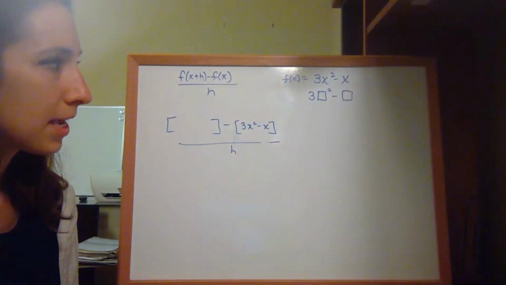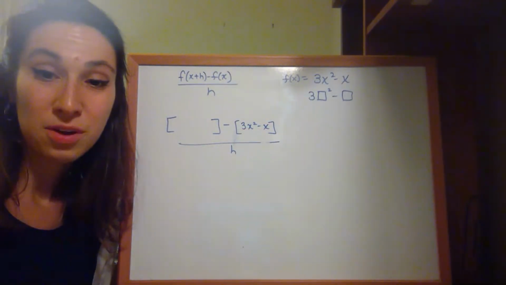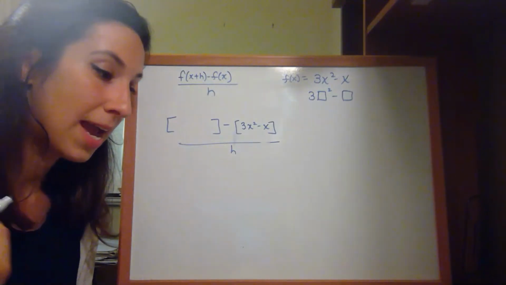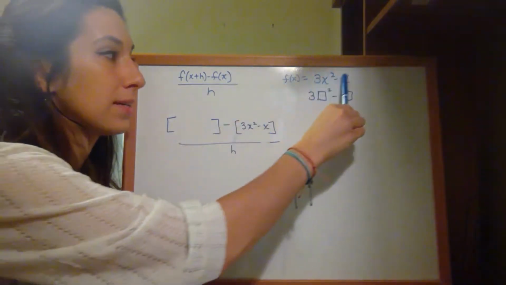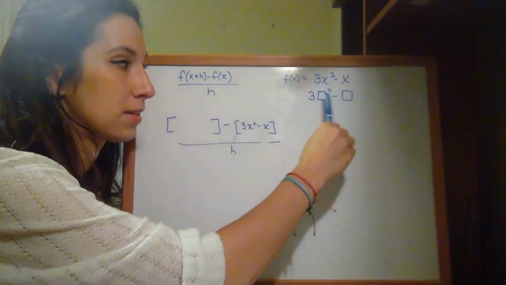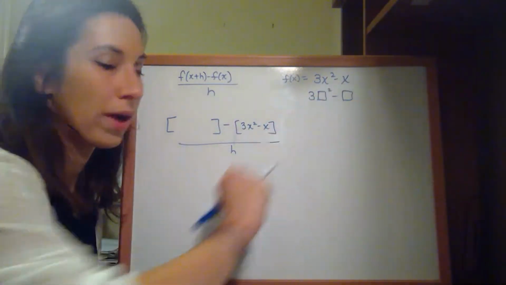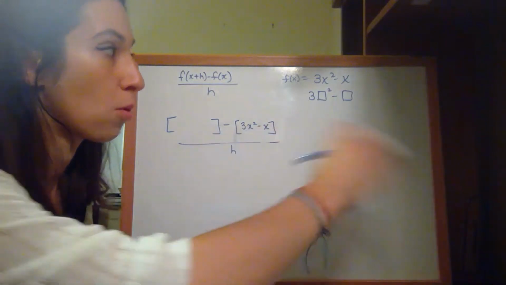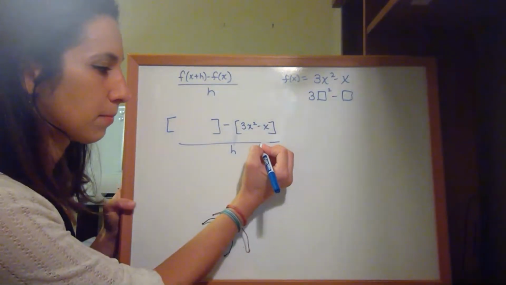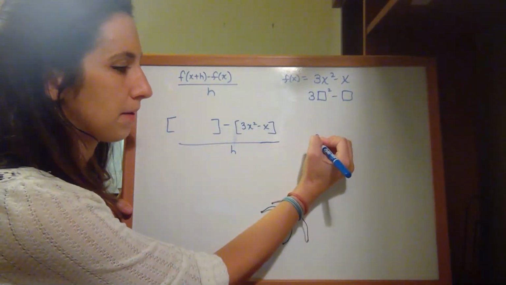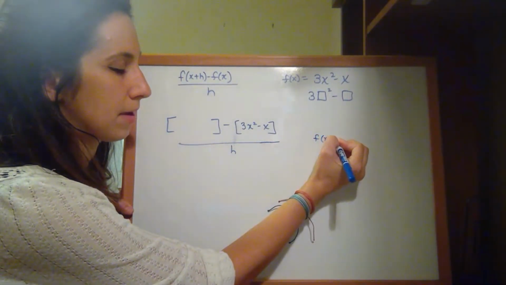Now the x plus h, that's the part that everybody has trouble with. They think they have to just add h. That's not what you're doing. They forget about the rest of the function. They get so lost in the squared part that they forget that there's more to the function. So I would suggest doing that over in a separate area. We're going to find f of x plus h.